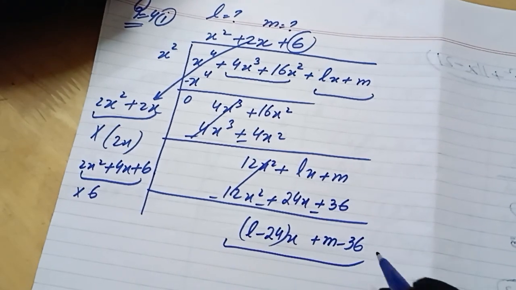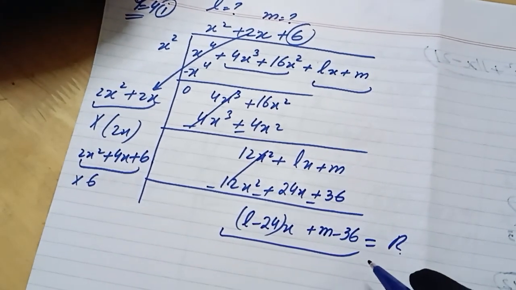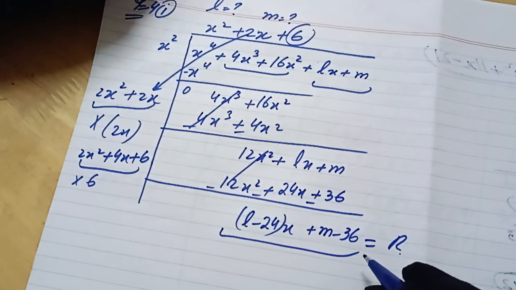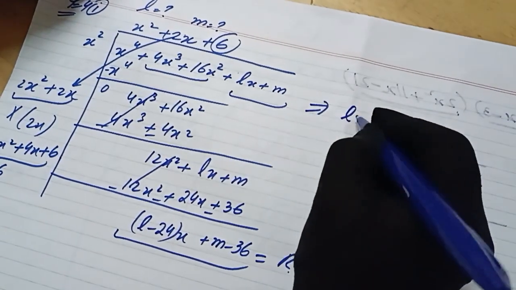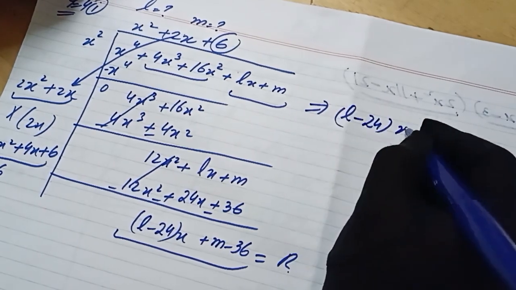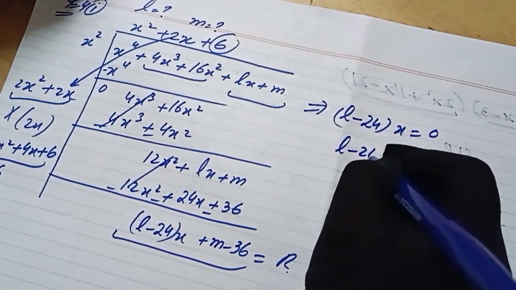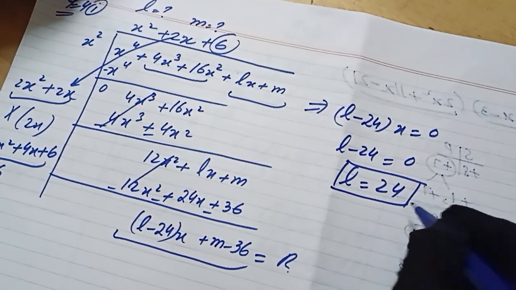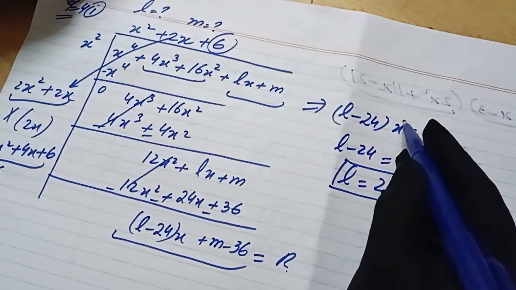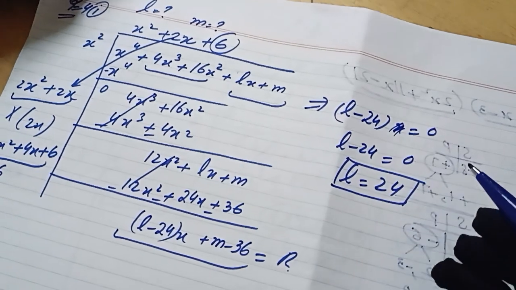As this is the complete remainder, and you know that remainder each term must be equal to 0, so it means that L minus 24 x must be equal to 0, so L minus 24 equal to 0, so L is equal to 24. Means the coefficient of x must be equal to 0. It's better if we don't write the x over here.